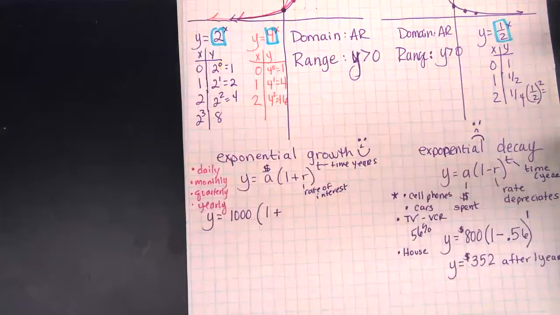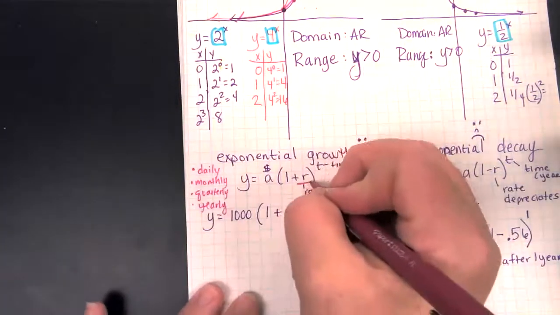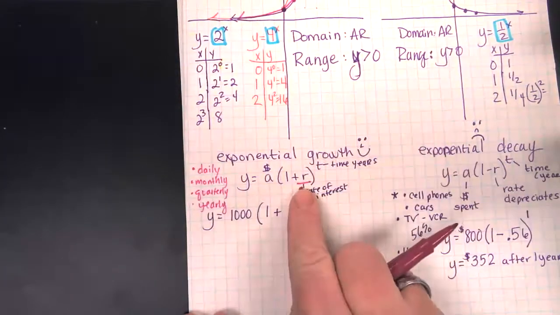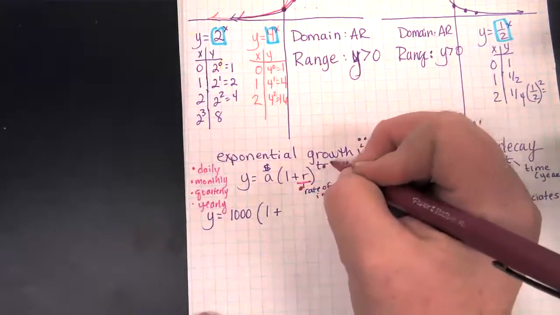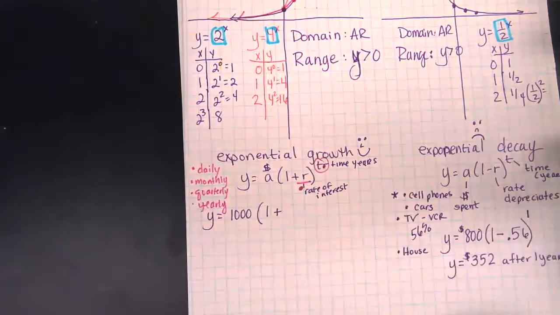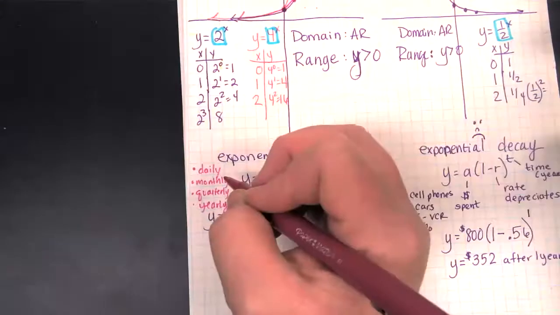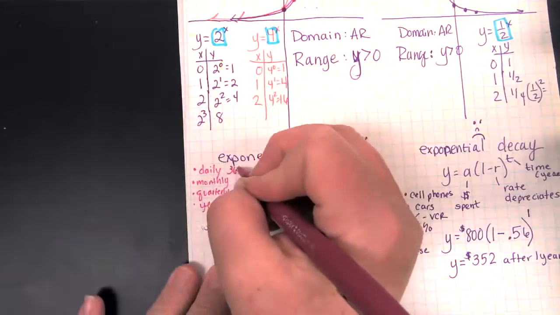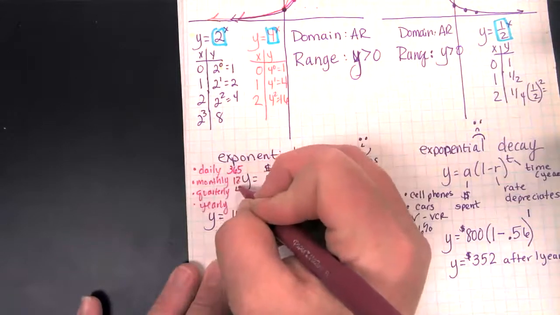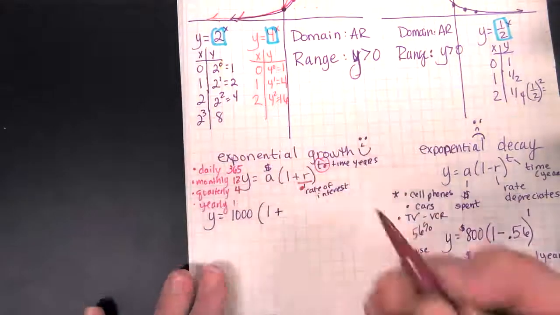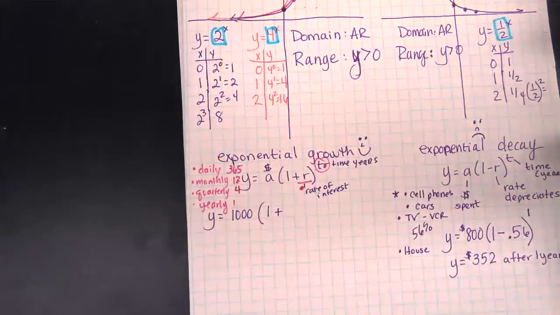These numbers are going to go underneath and divide out your rate. These are also going to get multiplied by your years as well. If it's daily, it's 365. If it's monthly, it's 12. If it's quarterly, there's 4 quarters in a year. And if it's yearly, it's 1. So your interest can be compounded daily, monthly, quarterly, or yearly.